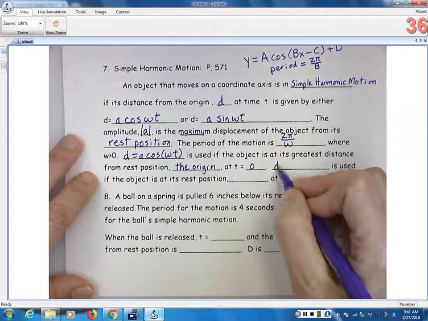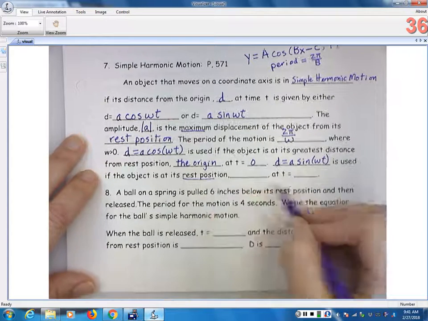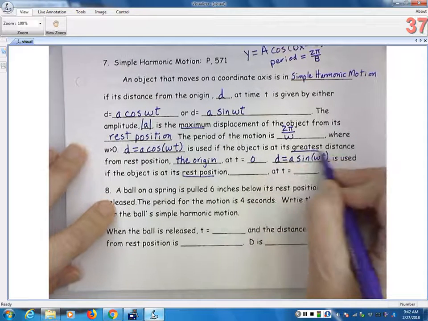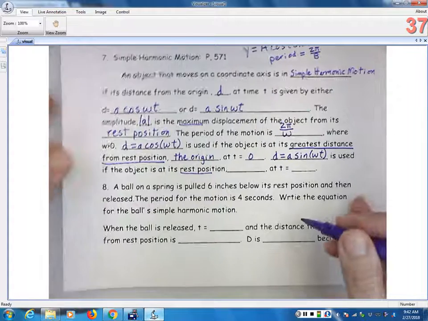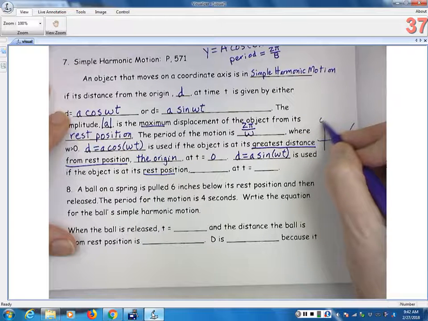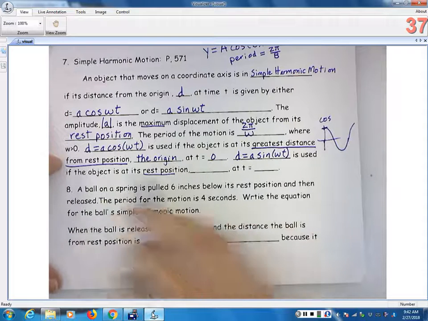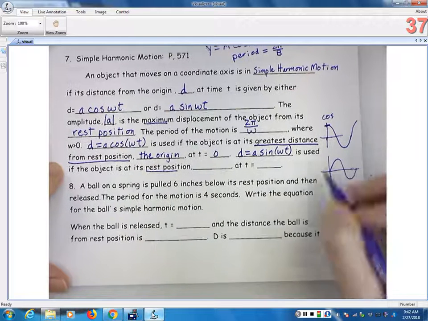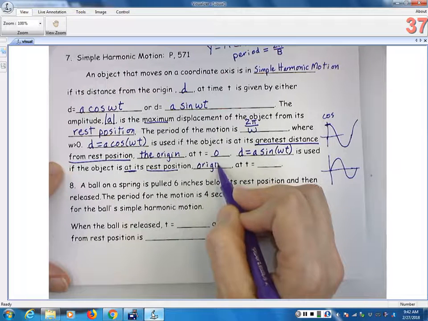Remember cosine looks like this. So if its greatest distance from rest position is at the origin, we use cosine. And we use d equals a sine omega t if the object is at its rest position at the origin at t equals 0.